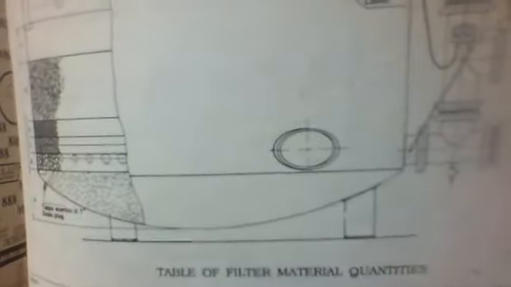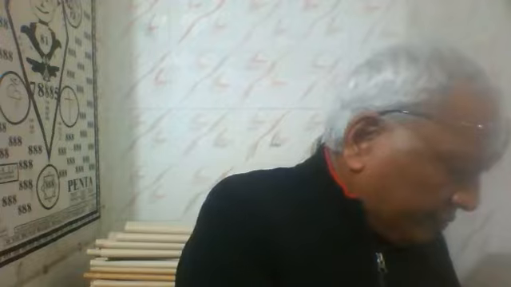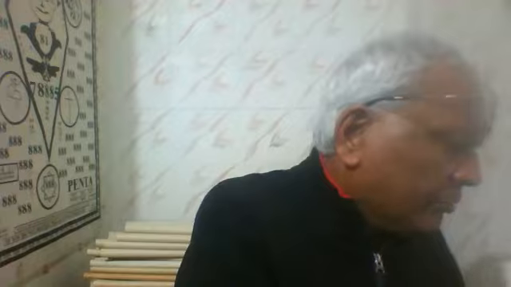Here one side you see is the filter media, with various gradings of graded material, and this complete technical setup, sections, how it works. I explained the properties of this. Now I'll move further on that. You can refer to the last video, and this is also complete detailing of this.